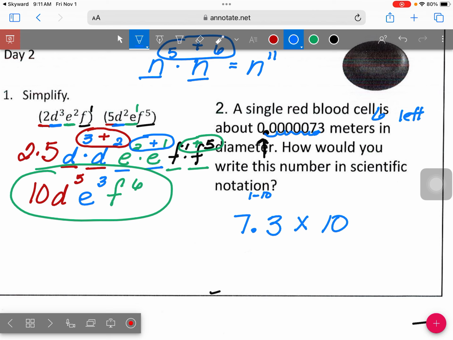So 6 spaces to the left means it is going to be a negative exponent, which is going to be 10 to the negative 6. So my final answer is 7.3 times 10 to the negative 6.